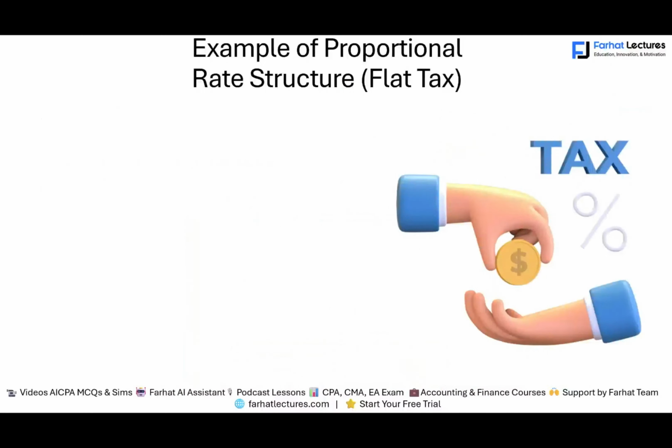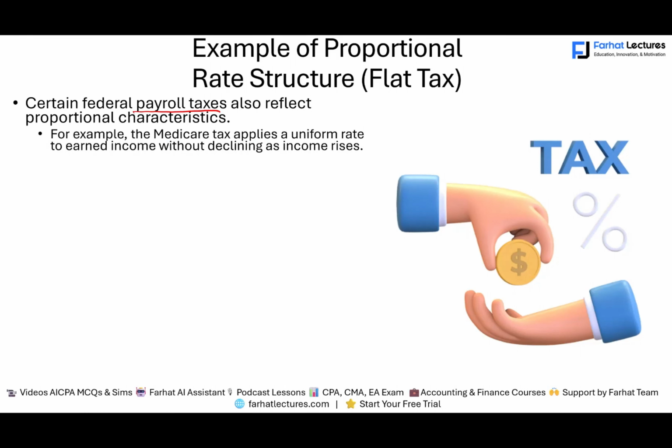Let's take a look at more examples of a proportional rate structure, flat tax. In the US, certain federal payroll taxes also reflect proportional characteristics. For example, the Medicare tax is applied uniformly to earned income without declining as income rises. The Medicare tax rate is 1.45%.